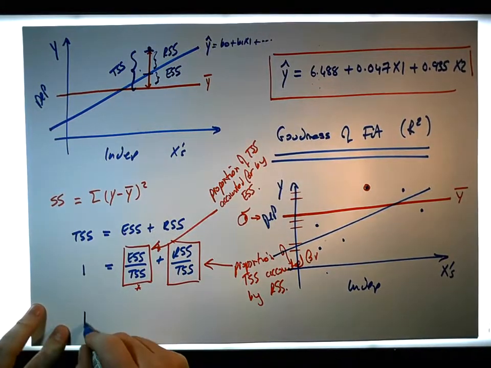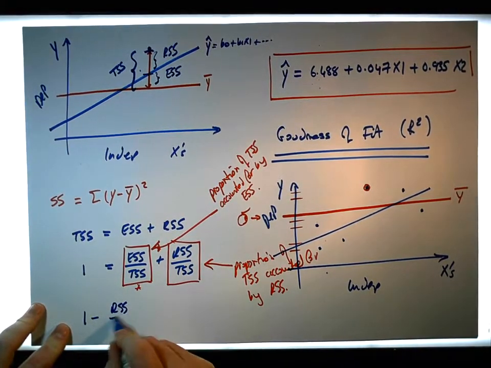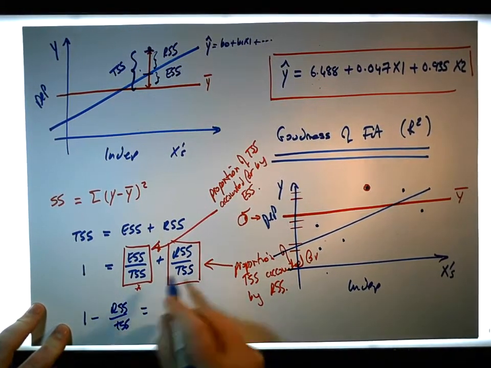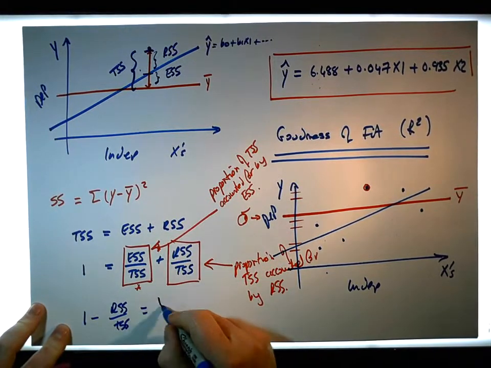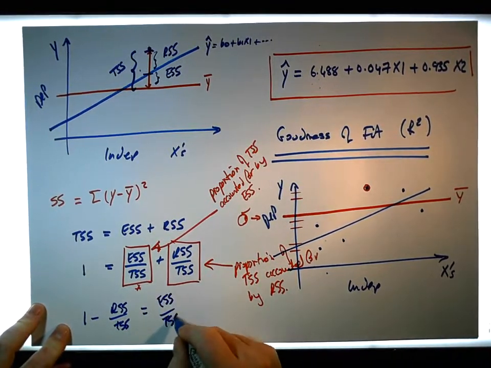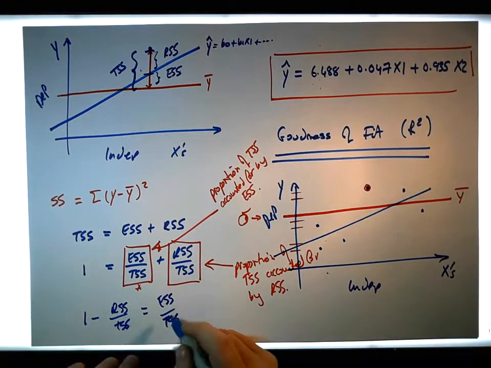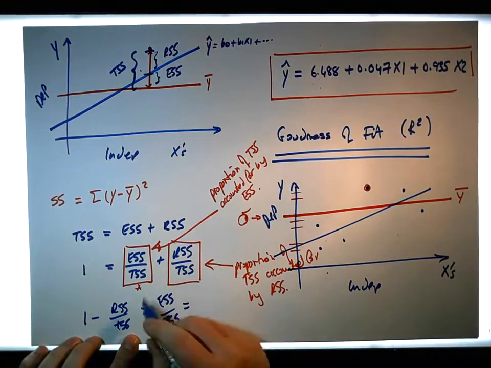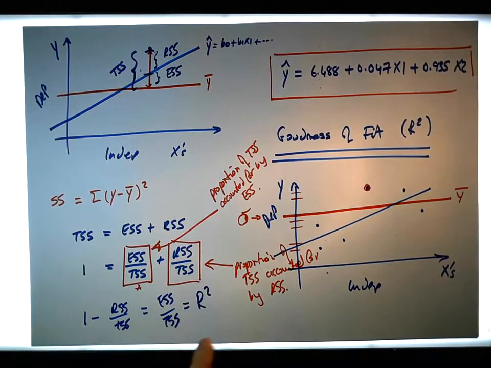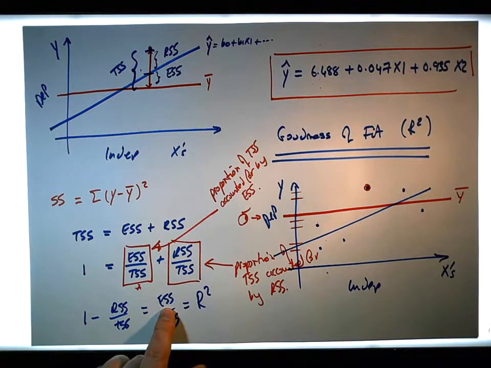It's basically 1 minus the residual sum of squares over the total sum of squares, because when we bring this over, it becomes negative, and is equal to ESS over TSS. So we can do that calculation pretty easily. And this thing here we call R squared. This is the proportion of the variation in the dependent variable that's accounted for by the variation in the independent variables.